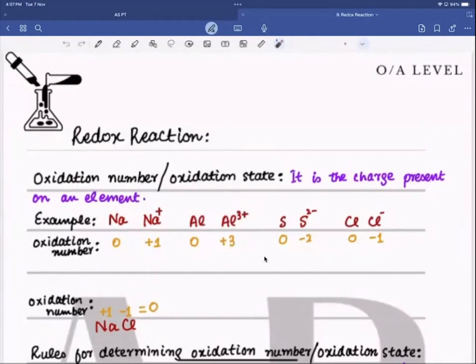Is this clear? Yes. Yes, Khatija, is it clear to you as well? Yes, sir. Okay, then note it down quickly.